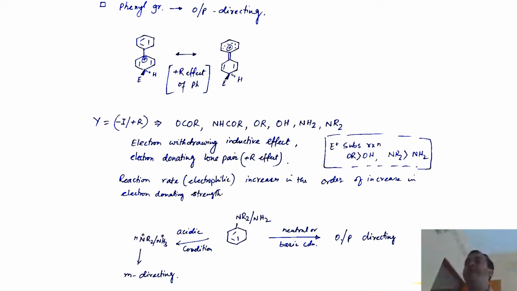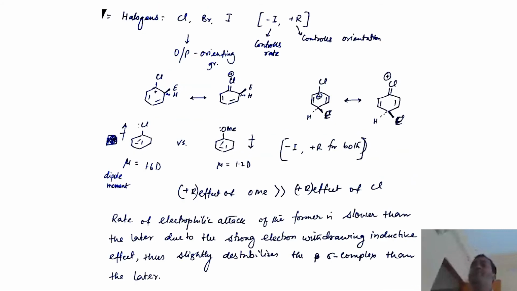So that means this group will mostly be an ortho-para orienting group, because the plus R is stronger. In case of halogens, these are also ortho-para orienting groups. Although this has a minus I effect and a plus R effect, the plus R is stronger in some cases.